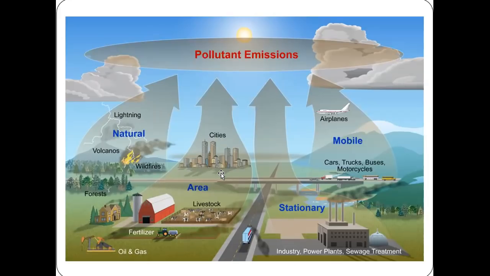Cities, for one, will contribute due to outdoor and indoor pollutants. Livestock will also contribute to pollutant emissions because of the use of fertilizers, and the manures that the animals produce from time to time.